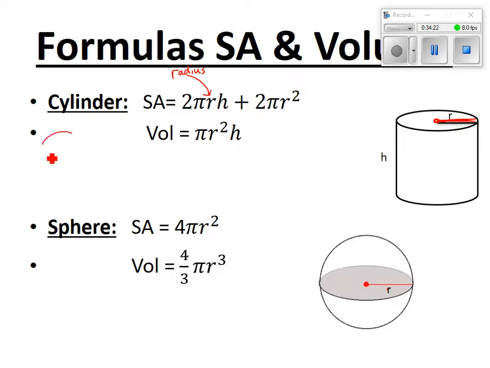When you have a cylinder, what kind of shapes do you have in a cylinder? 2 circles and a continuing... anybody know what the other shape is? It's a rectangle. See if I have a cylinder here.